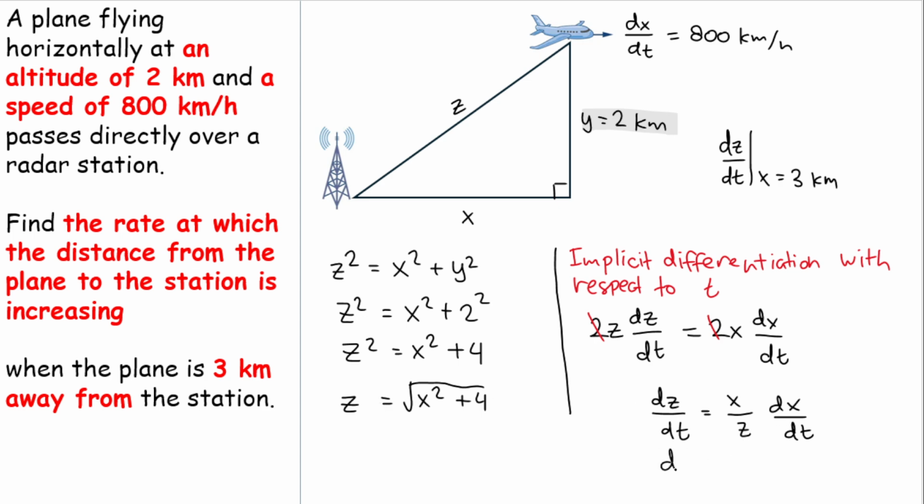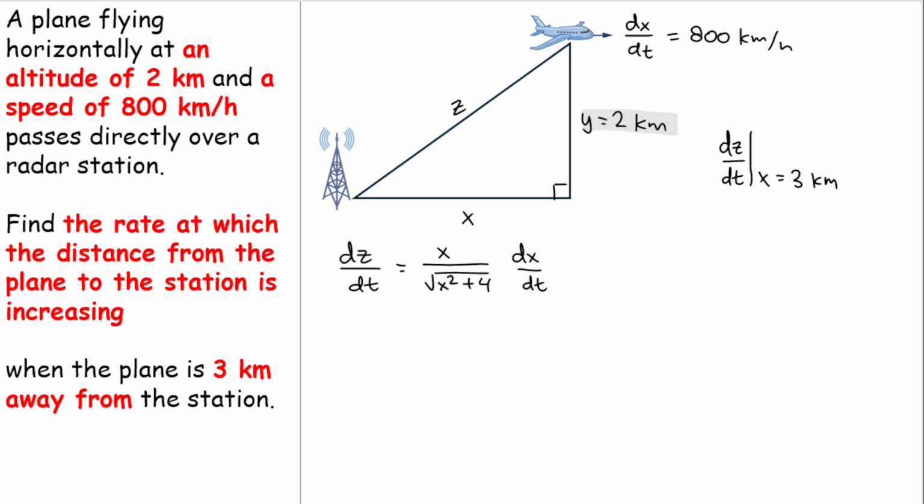We will have dz/dt equal to x divided by the square root of x squared plus 4, multiplied by dx/dt. This is one of the important formulas, and we need to plug in when x is equal to 3 km. Okay, let's clean up our slide.